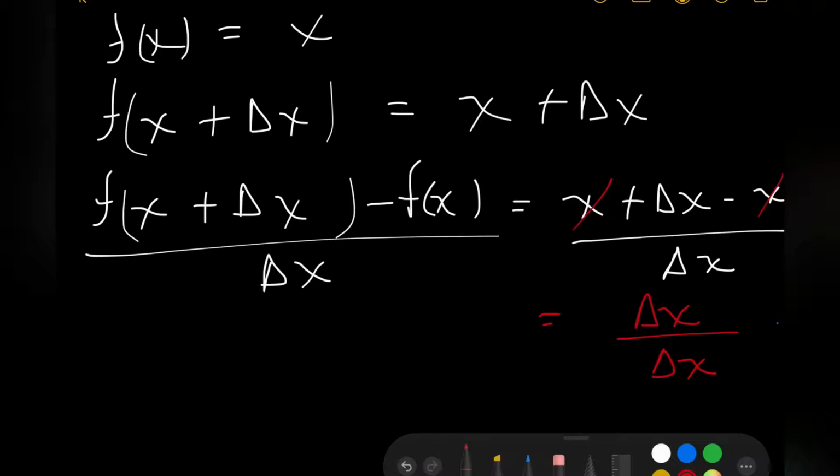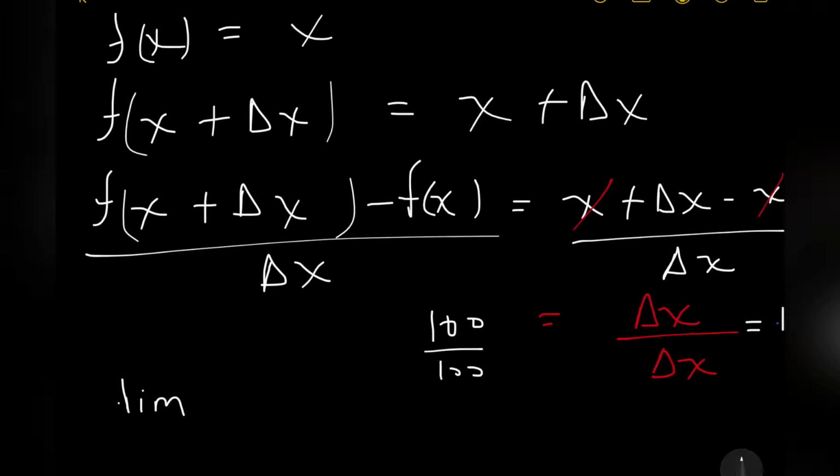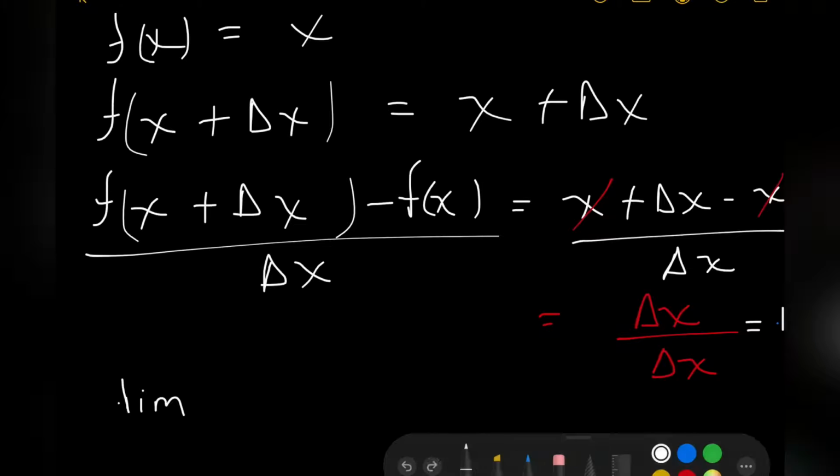For our final step, remember, we find the limit of whatever we got here, and delta x over delta x would be 1, right? And the reason for this is because if you have 100 over 100, you get a 1. If you have 10 over 10, you get a 1. Whatever value you have over that value, you get a 1. So from the same principle, delta x over delta x is equal to 1.